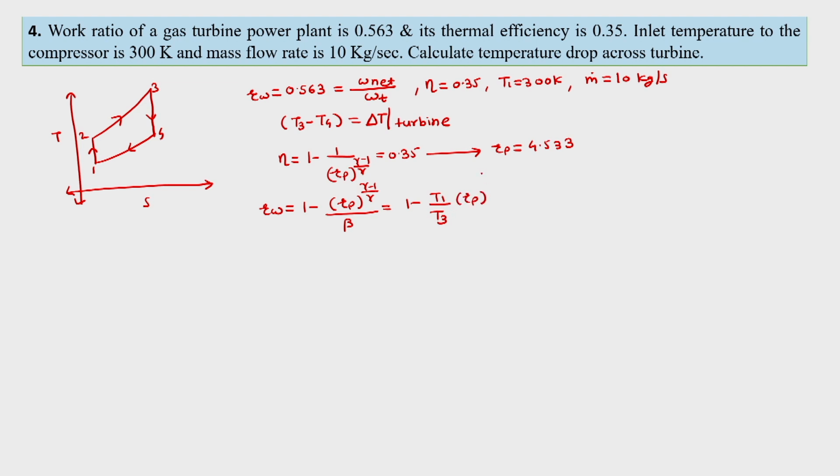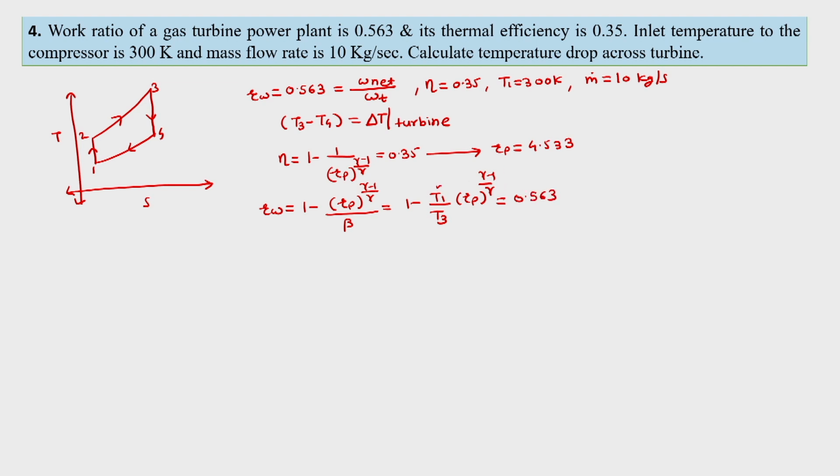So it is Rp raised to (gamma minus 1) upon gamma into T1 by T3, which is getting subtracted from 1. Here Rw is given to us as 0.563.